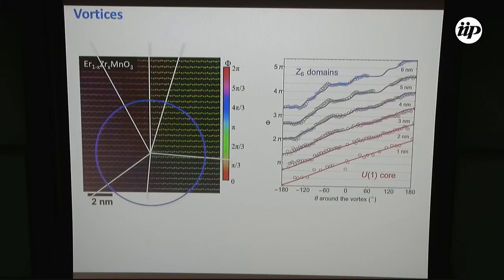But the interesting thing here is that as you move closer to the center of the vortex, then the phase of the order parameter doesn't show this step-like behavior anymore. Then it simply increases linearly as a function of the angle around this loop, which means that in this region, we don't see the discrete symmetry breaking of the system anymore.